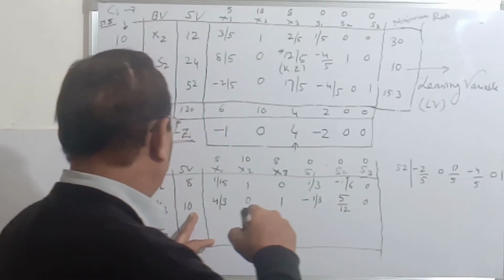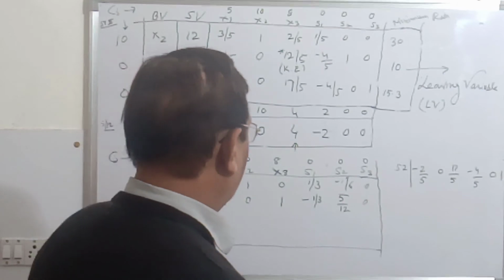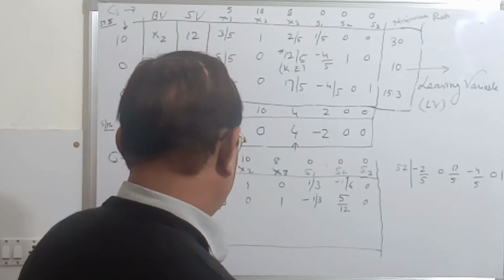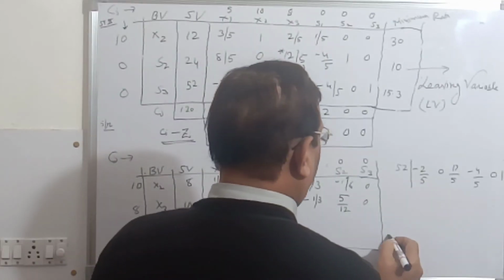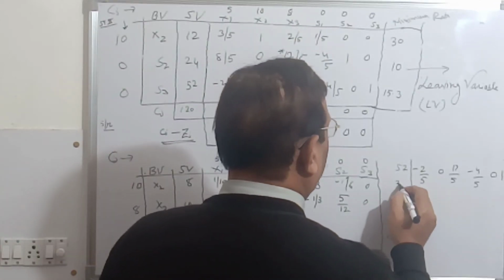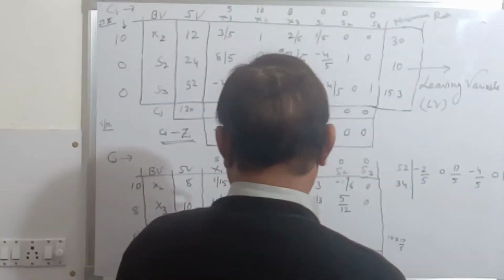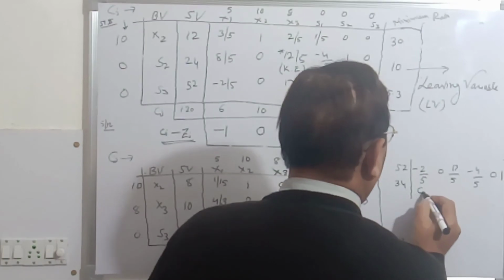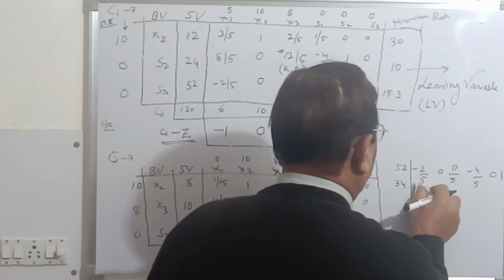Now, this is your new row. Multiply this with the 17 by 5. 10 into 17 by 5 is 34. This is 0. Oh, here is not 0.